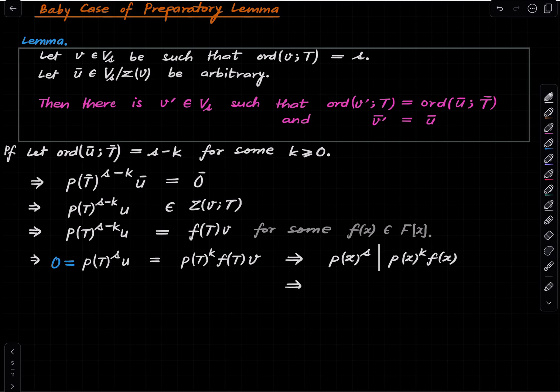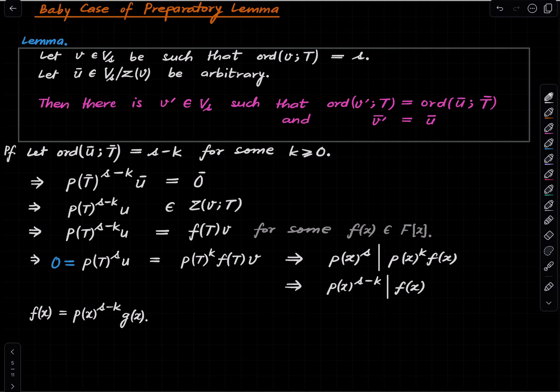And therefore we get p(x)^(s-k) divides f(x). Okay, so we may write f(x) as p(x)^(s-k) times g(x).